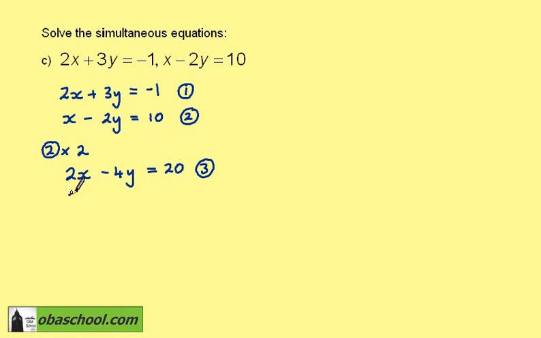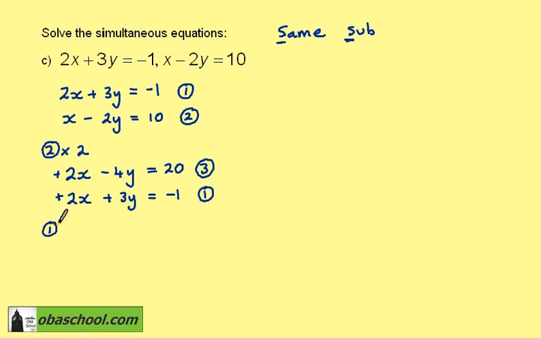Equation 1 is 2x plus 3y is equal to minus 1. We now have the same number of x's. Remember that the signs on these x's are the same, and if the sign is the same, then we subtract.